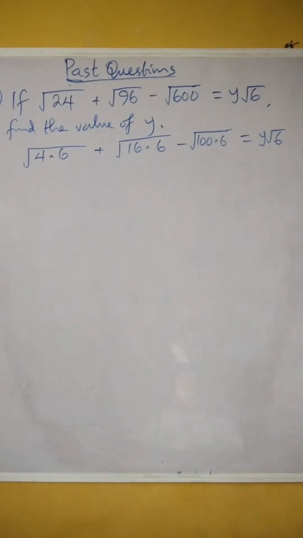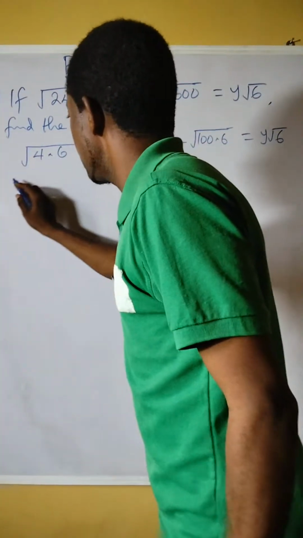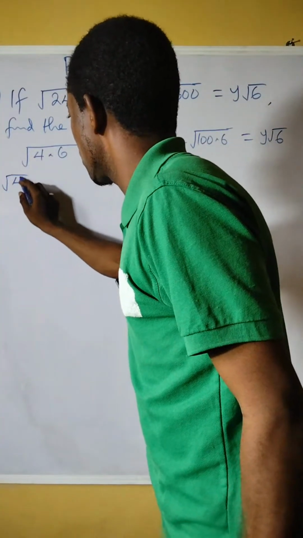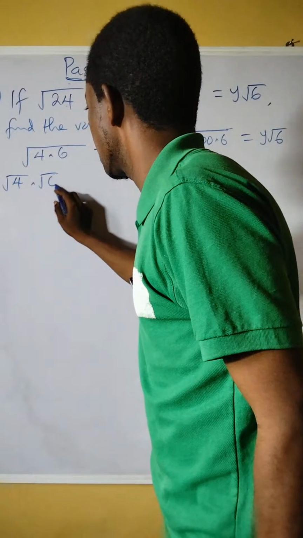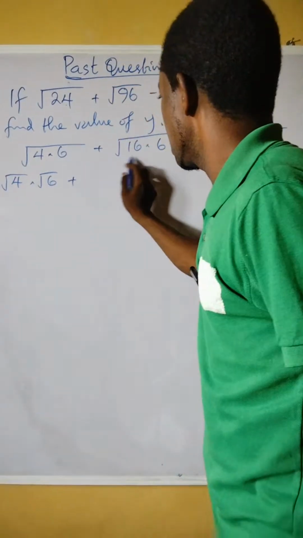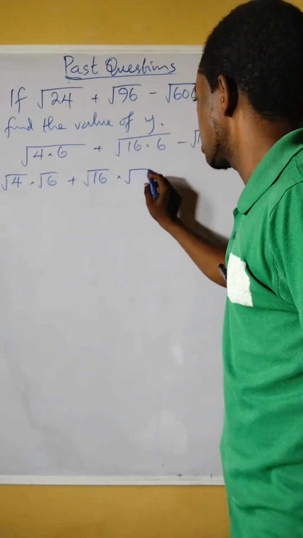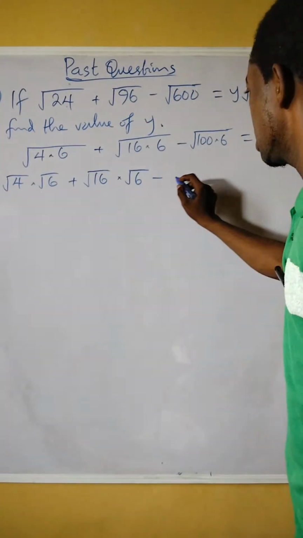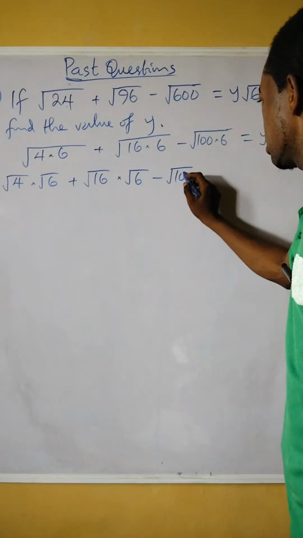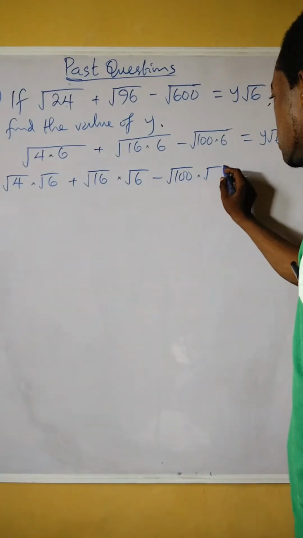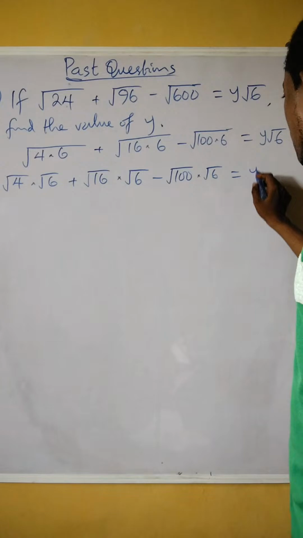And next step, we simplify this further. We can break this into 2 roots. This will be root 4 times root 6 plus root 16 times root 6, then minus root 100 times root 6 equals y root 6.